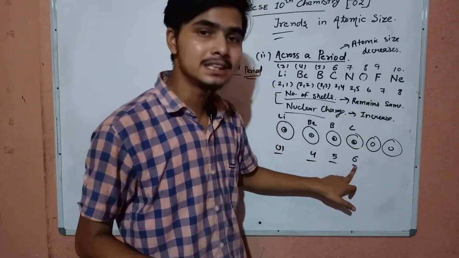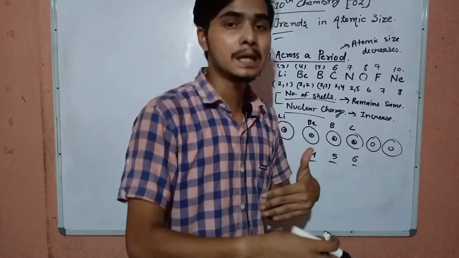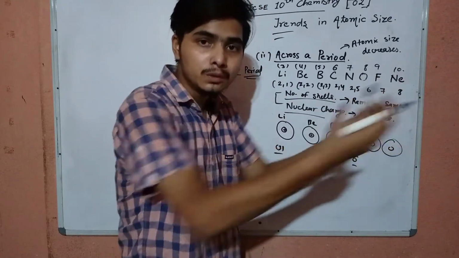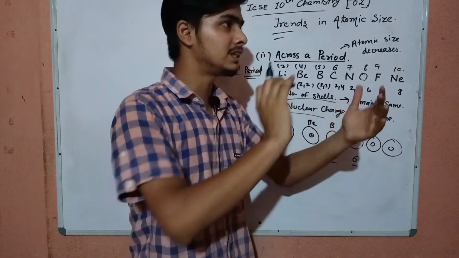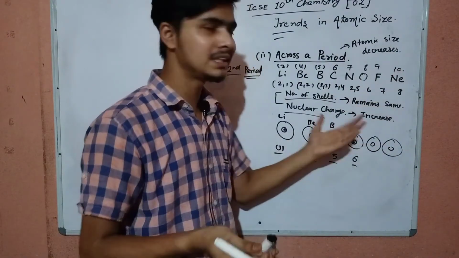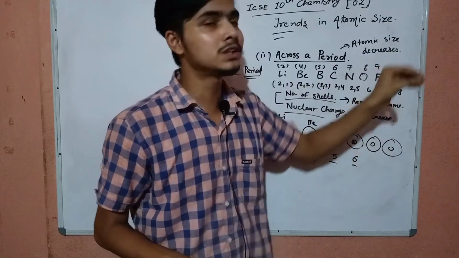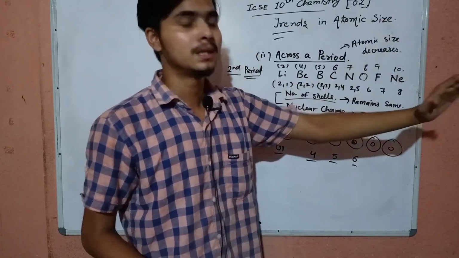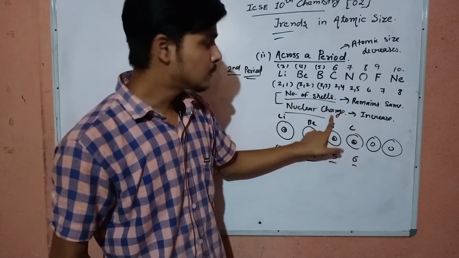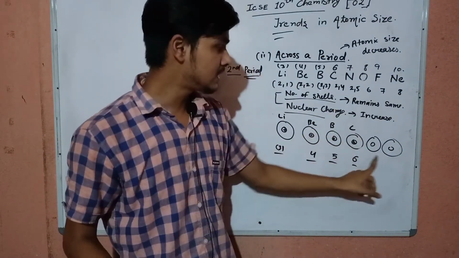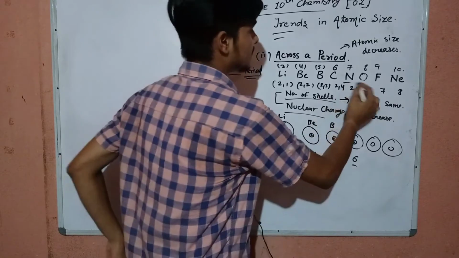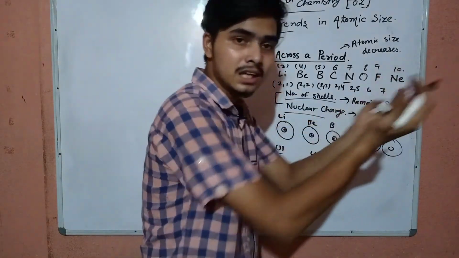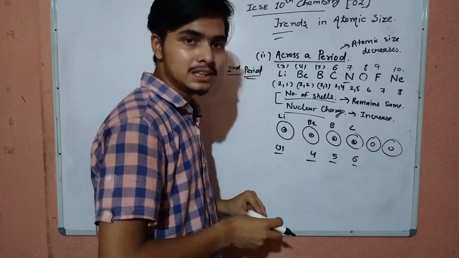Now when it has 6, it has even more capacity to bring that outermost electron towards itself, because the number of shells is remaining the same. So that means the outermost electron is not going anywhere. It is in its place. But you can see that the nuclear charge, the positive charge, is continuously increasing. For nitrogen it has 7, so even more capacity, even more power to attract that electron towards itself.